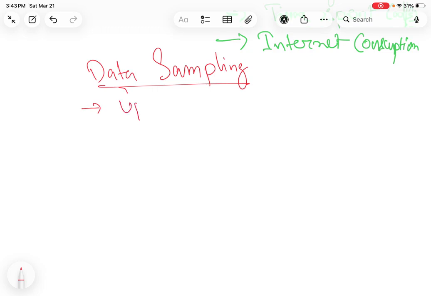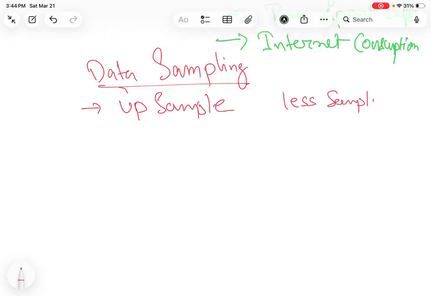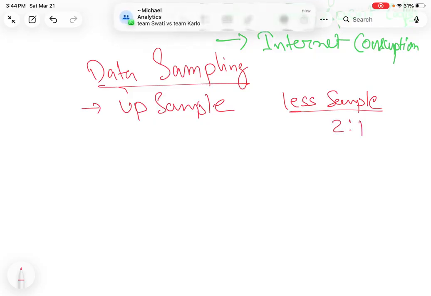One is upsample. Okay, so upsample means, suppose you have less samples available, and then you increase the sample ratio. So what does it mean? Suppose you have a 2:10 ratio between some variables, but you need more.